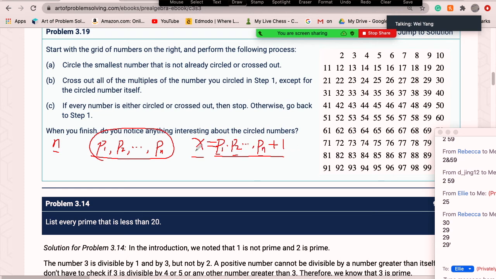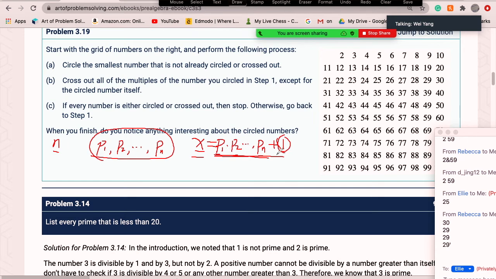Now let's look at this x. This x is not divisible by p1, p2, to pn, right? If you divide x by p1, you have remainder 1, because the product part is divisible by p1. Then if x is divided by p2, the remainder is also 1. Until you divide by pn, you get remainder 1.